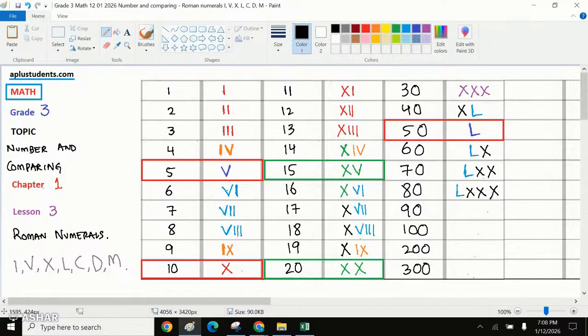Okay. So some of these boxes I have highlighted are very important for us, right?